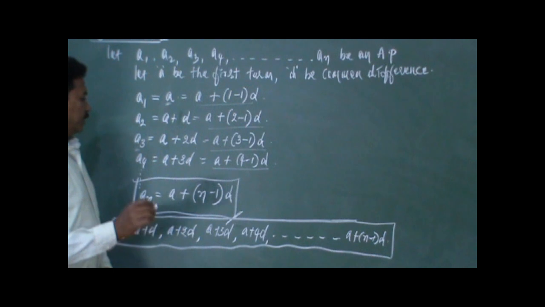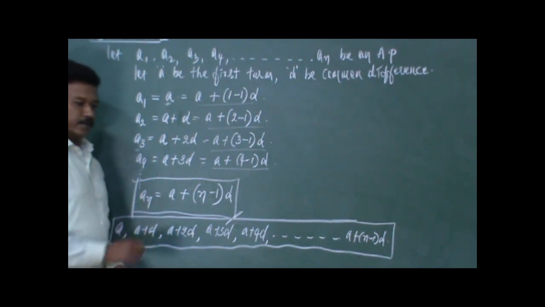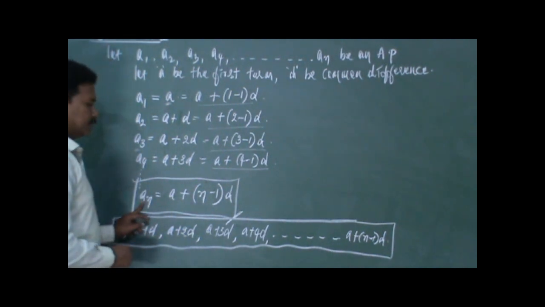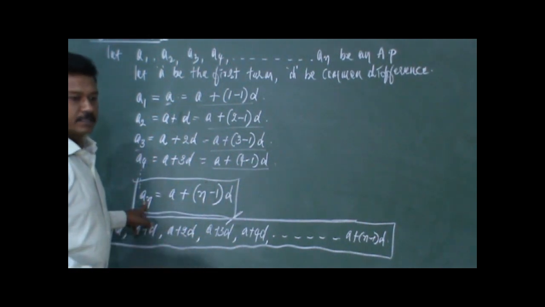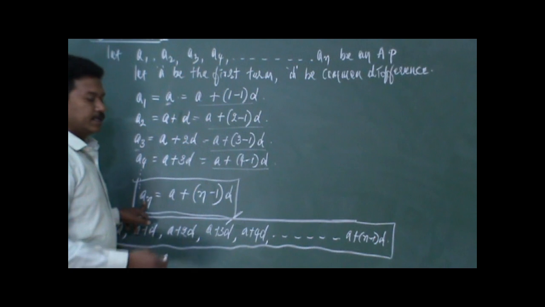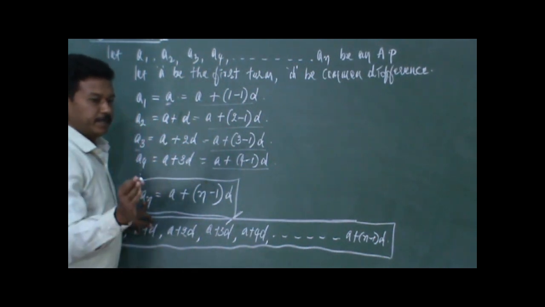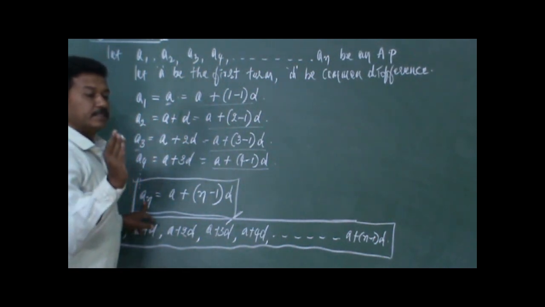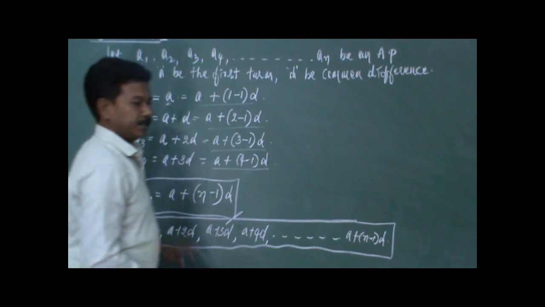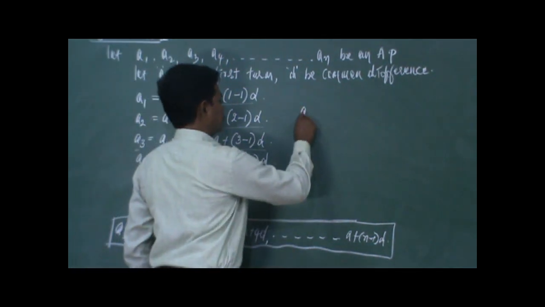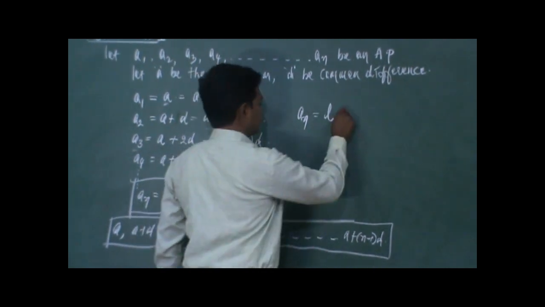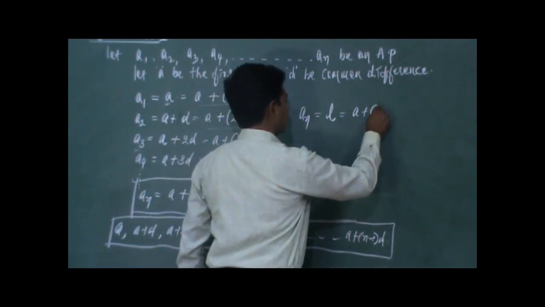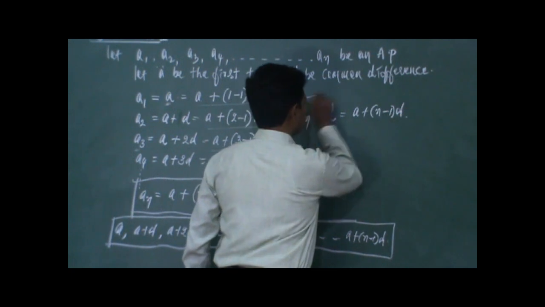Now, a very important concept you have to remember here, as this nth term has two properties, what we have discussed in the last class. an represents the last term of the AP, as well as it represents the general term of the AP. So the nth term of an AP is also the last term of the AP, which is equal to a plus n minus 1 into d.